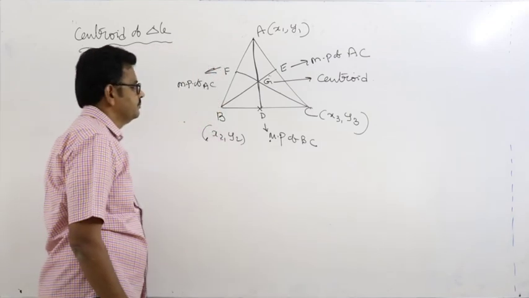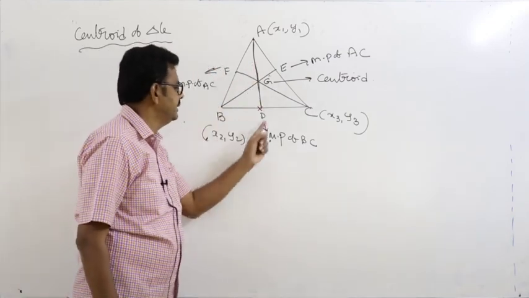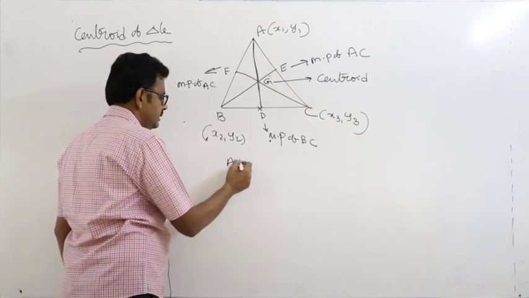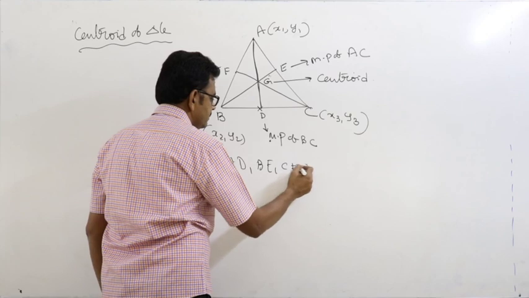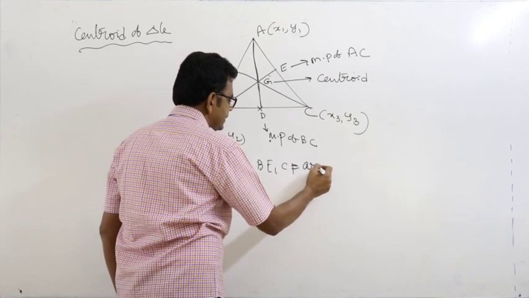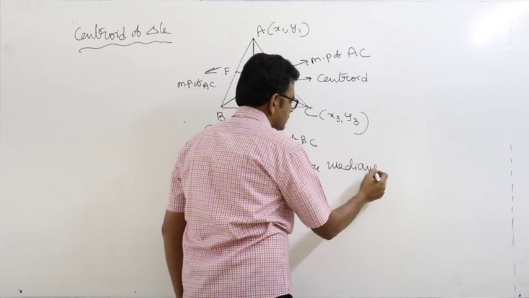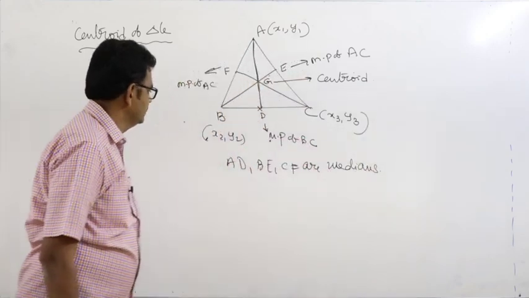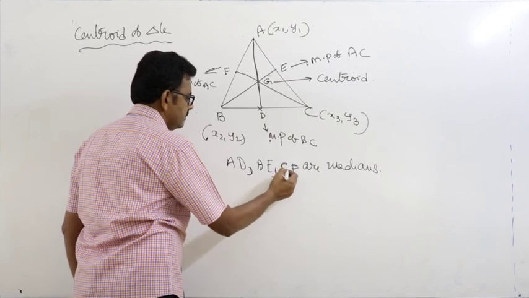Of triangle. That means AD comma BE comma CF are the medians.